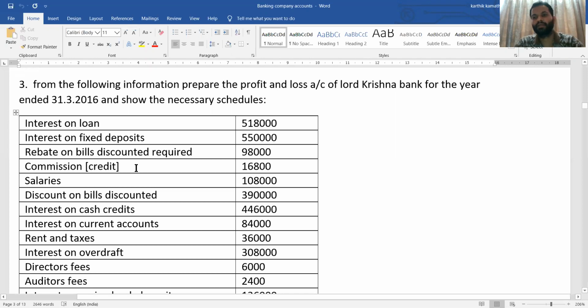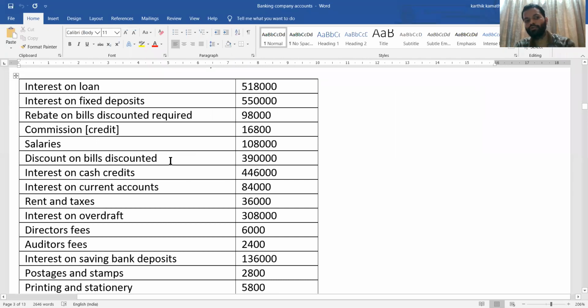Then commission, that is schedule number 14. Salaries, operating expenses, schedule number 16. Discount on bills discounted, that is nothing but schedule number 13. Interest on cash credit, whether it is expense or income to the bank, it is an income to the bank. So it is schedule number 13, interest earned.